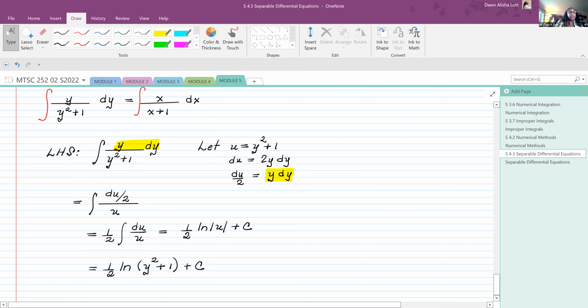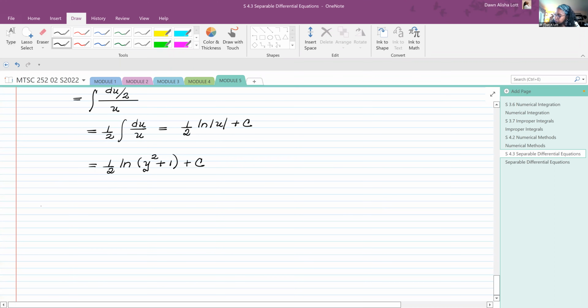Okay, let's do the right-hand side. Right-hand side is the integral of x over x plus 1. Now, we just did this one.